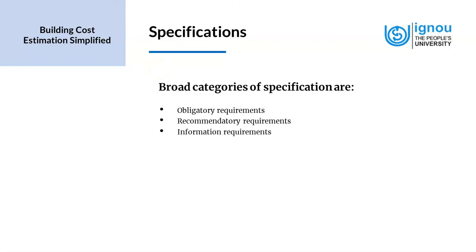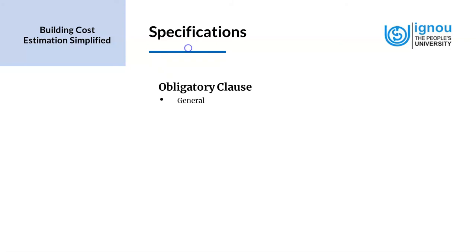Now, the broad categories of specification are obligatory requirements, recommendatory requirements, and information requirements. The obligatory clauses are both general and specific in nature. General would be, for example, the finishes for the building external and internal, the lap length for tying reinforcement steel, and the cover to be provided for steel reinforcement before casting.